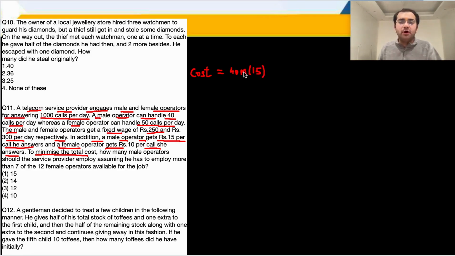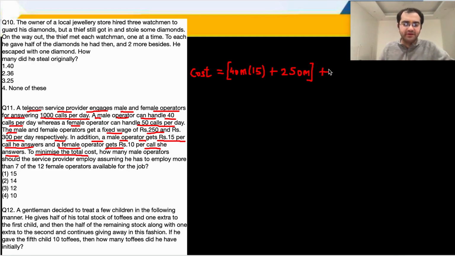Okay, M male operators, they can make 40 calls per day, so 40 M, and per call cost is 15 rupees, and each male operator gets a fixed wage of 250 rupees. So male operators plus 250 M. There are M male operators, right? And a fixed wage of 250 becomes 250 M.